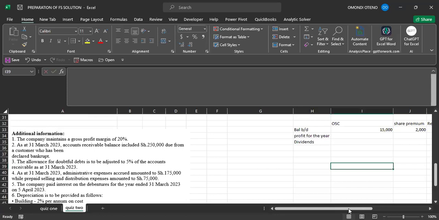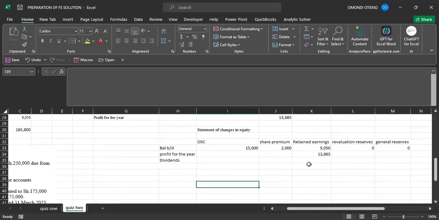Dividends will reduce our retained earnings because they are expenses; we are paying this to shareholders.